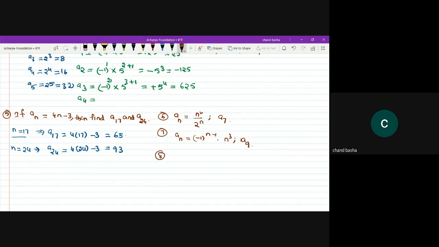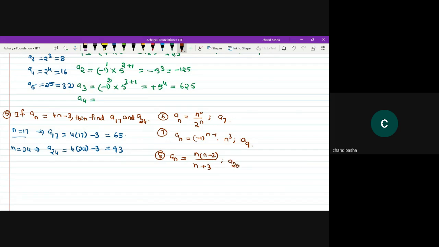Eighth one: these are the questions for your practice, guys. an will be given to you as n into n minus 2 divided by n plus 3, and he's asking a20.